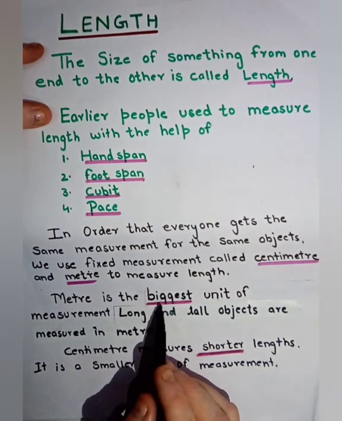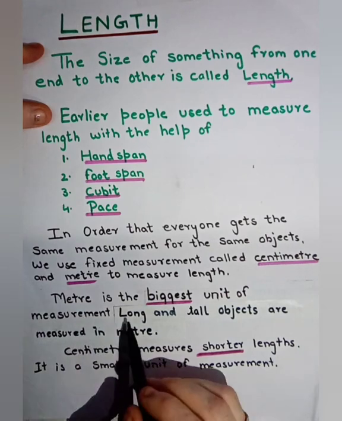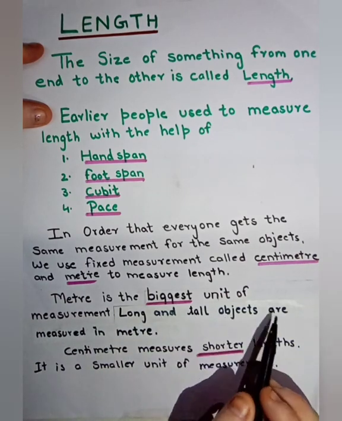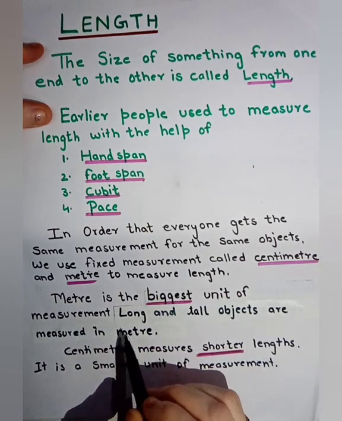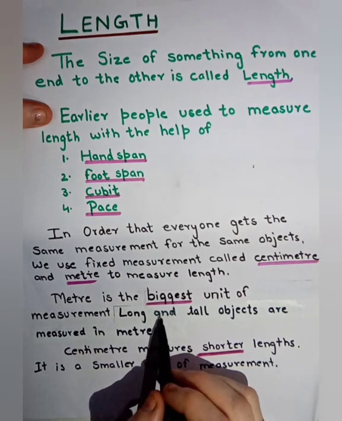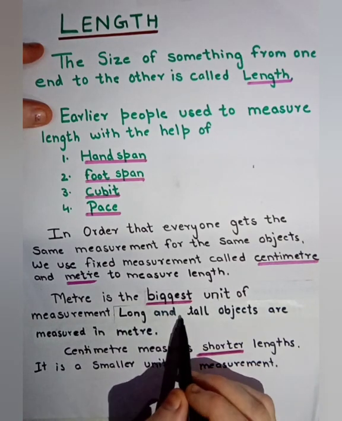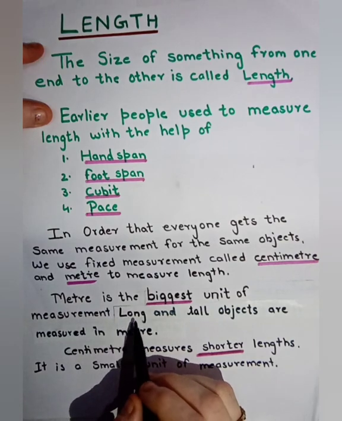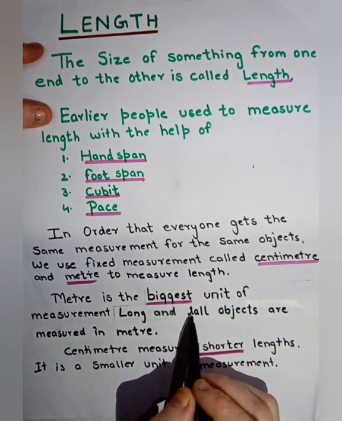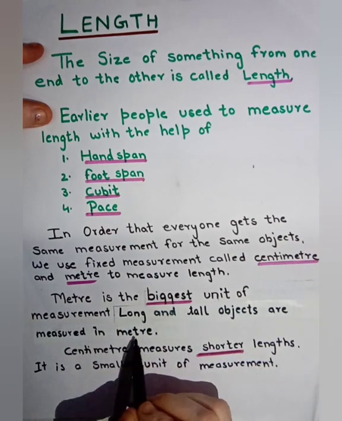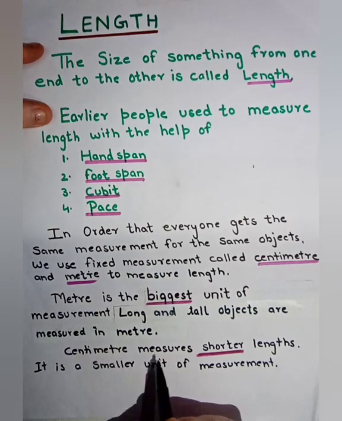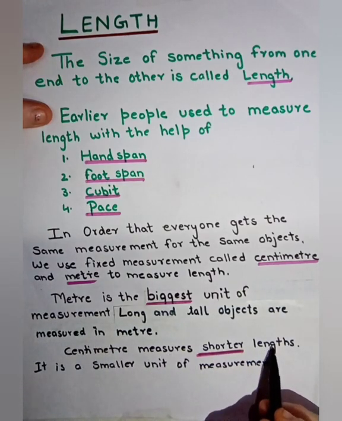Meter is the biggest unit of measurement. All the objects which are long and tall are measured in meter. Centimeter measures shorter lengths.